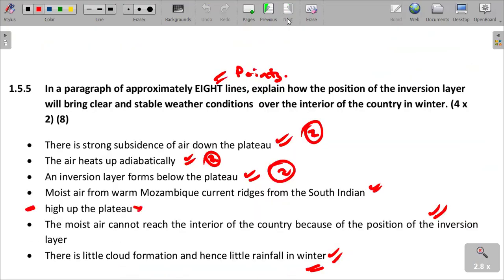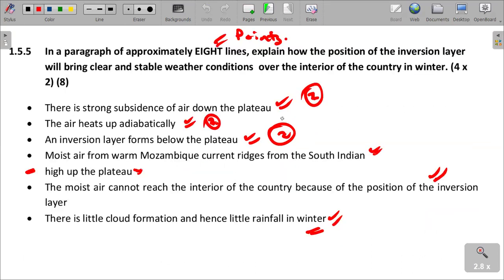So please, class, just note that the whole concept is about the heating up of the air as it falls down, and then the formation of the inversion layer below the plateau, which also causes a ridging, which is caused by the South Indian high pressure. And then we have the warm air failing to reach the interior of the country because of the position of the inversion layer, resulting in little or no rainfall in winter.